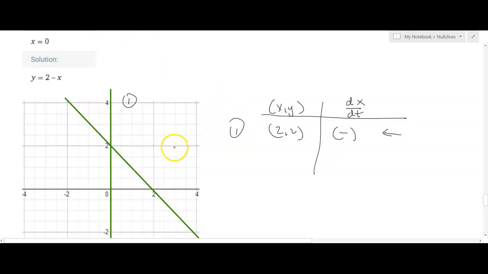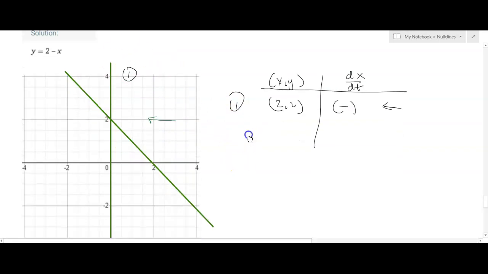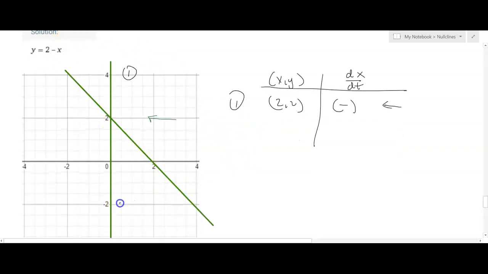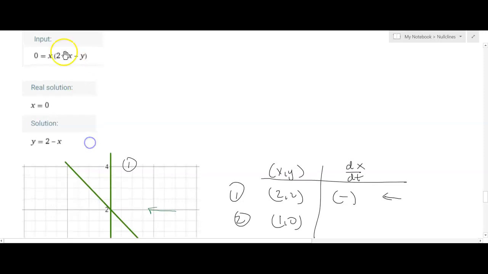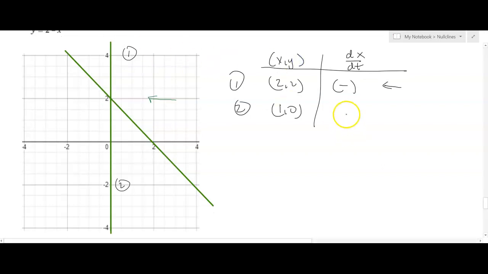So I'll have leftward pointing vectors in region 1. Now in region 2, which we'll just arbitrarily call this region here, I can pick the point 1, 0. And if x is 1 and y is 0, I'll have 1 times 1 is positive 1. And so the vectors in region 2 are all going to point to the right.